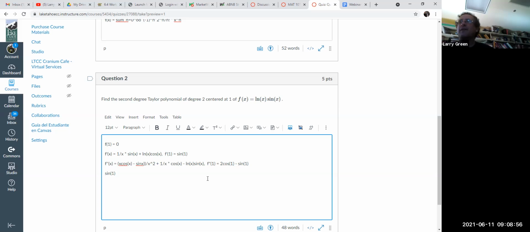You don't need to write that down because 1 factorial is 1, times x minus 1 to the 1, and then plus 2 cosine of 1 minus sine of 1, and then divided by 2 factorial. 2 factorial is 2. And then times x minus 1 squared.